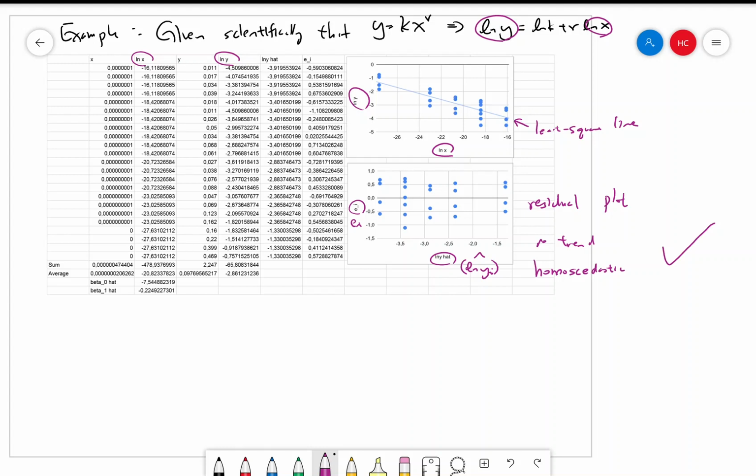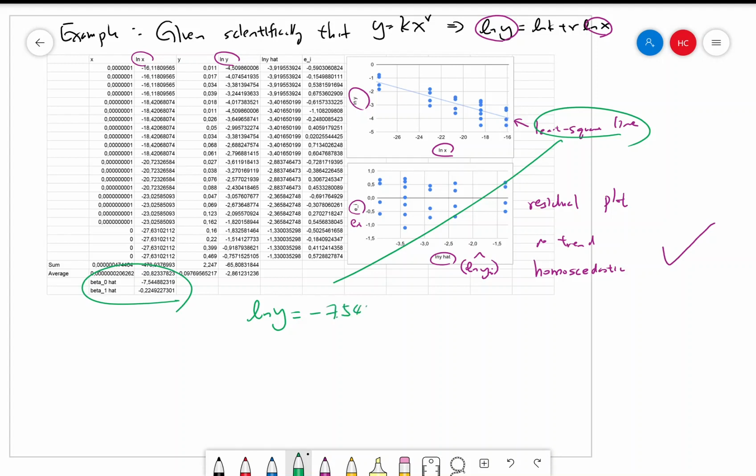So the equation of the line, let me put it down here. The values of beta 1 hat and beta 0 hat are here. This gives you ln of y equals beta 0 hat, which is negative 7.54488, plus beta 1 hat, which is negative 0.225, times ln of x. So this tells you that y is equal to e to the negative 7.54488 times x to the negative 0.225.